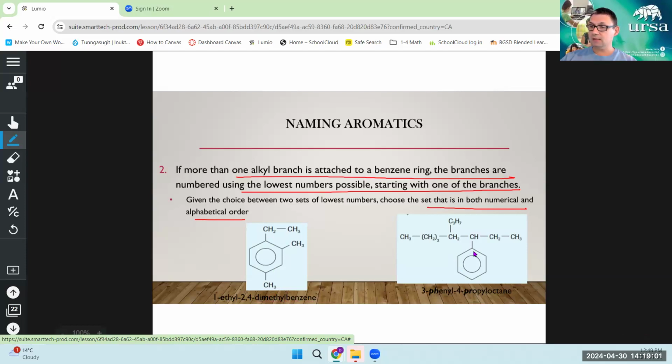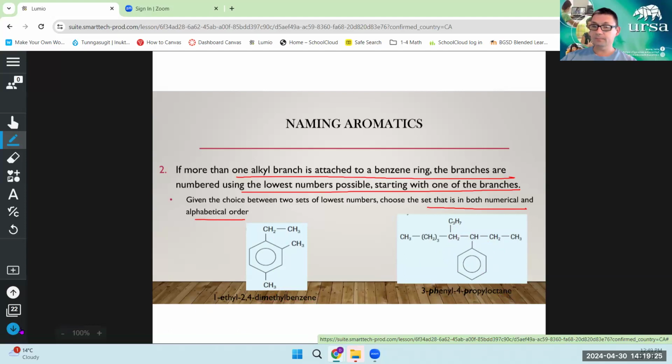Conversely, because this is a side chain attached to a longer chain, an 8-carbon single-bond chain, octane, attaching the numbers, this would be 3-phenyl, 4-propyl. Propyl, a 3-carbon chain. So 3-phenyl-4-propyloctane.